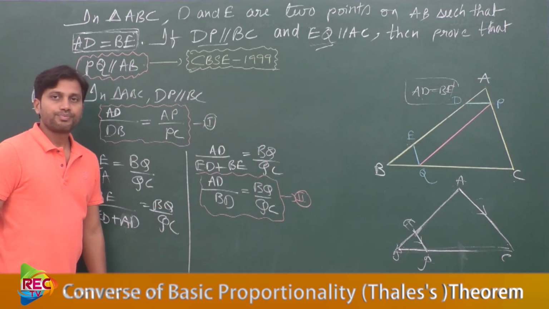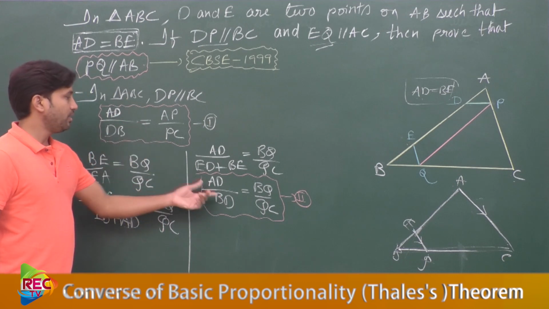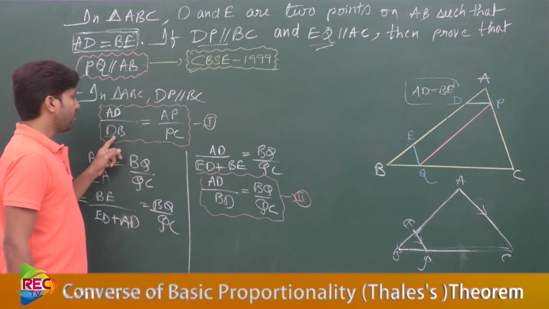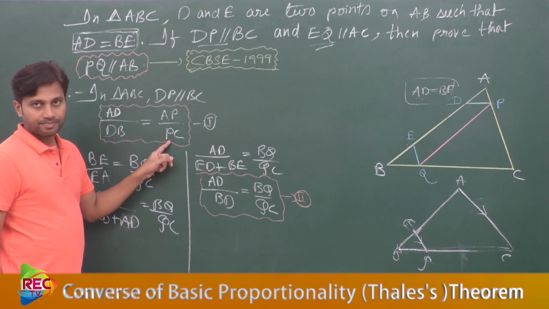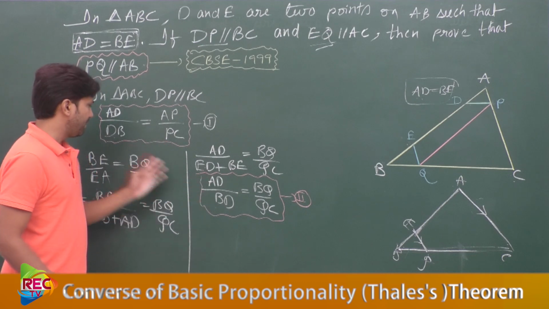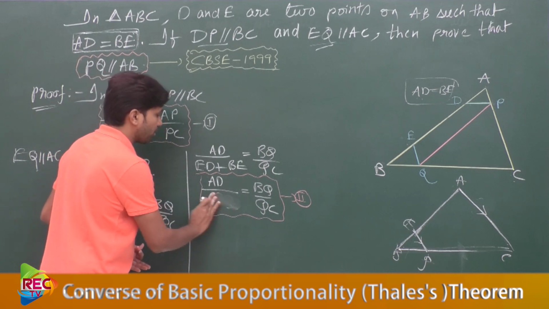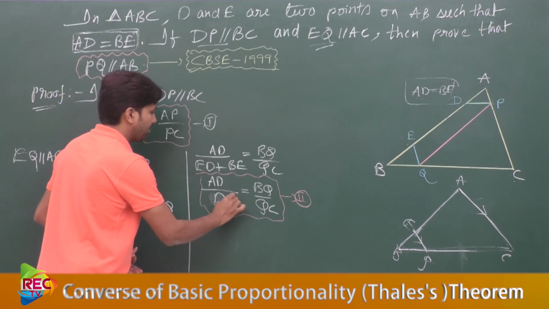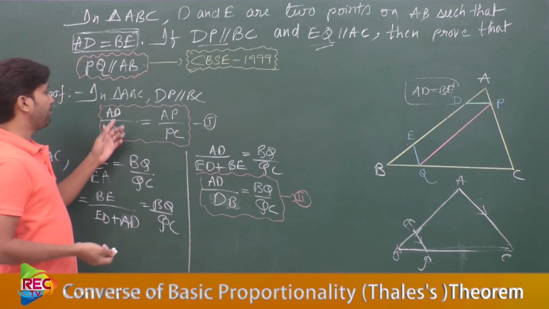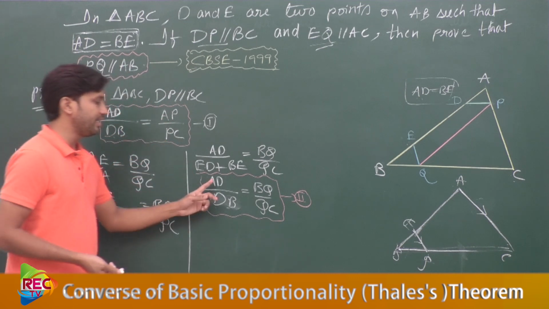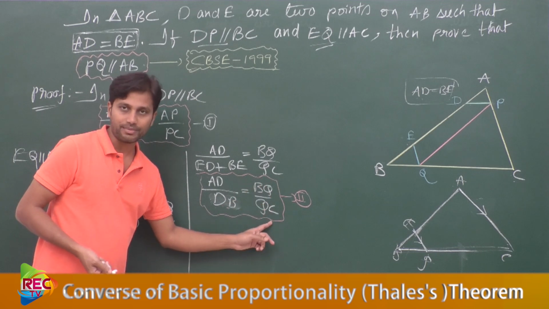Observe 1 and 2. AD by DB is equal to AP by PC. Here AD by BD, BD or DB, you can write DB also, both are the same so that you don't get confused. AD by DB equal to AP by PC, and here AD by DB equal to BQ by QC.